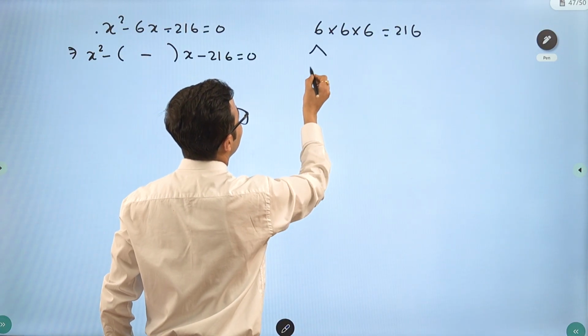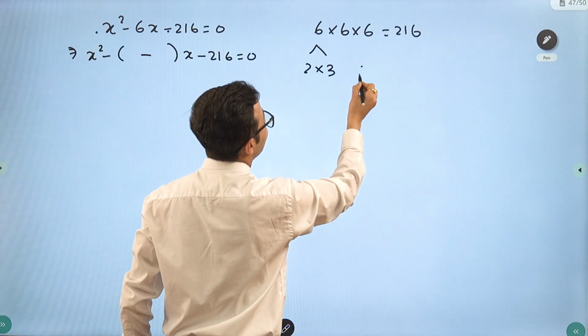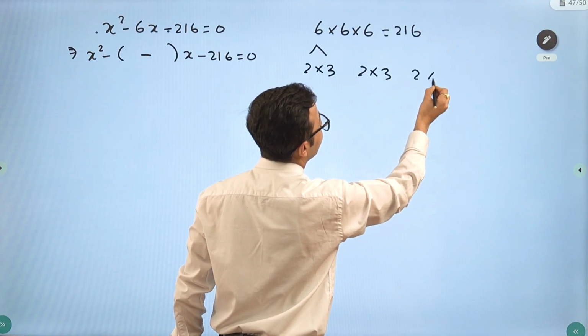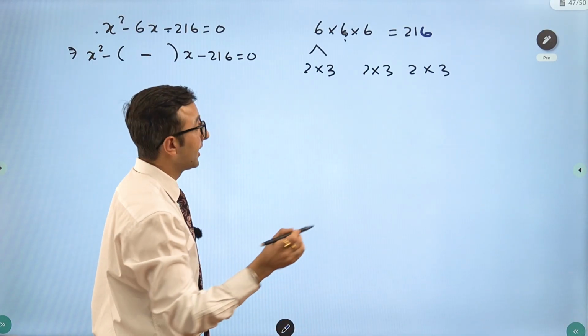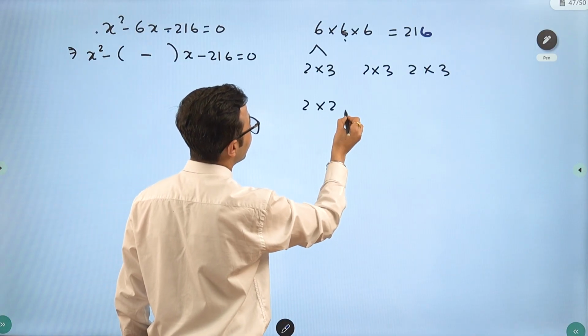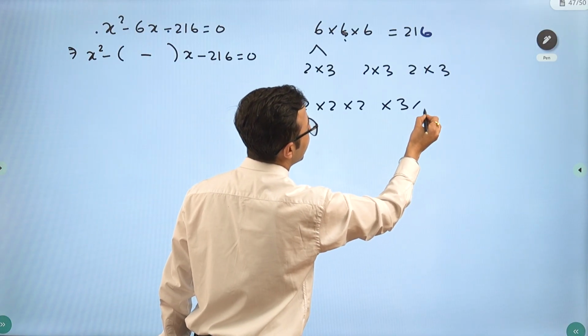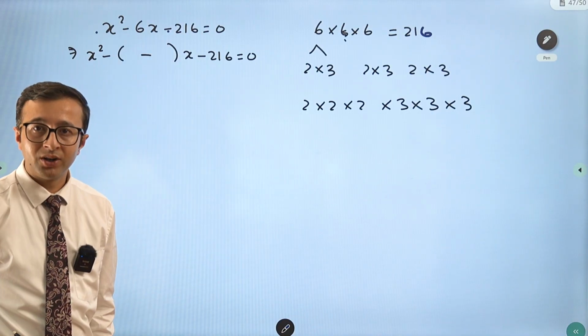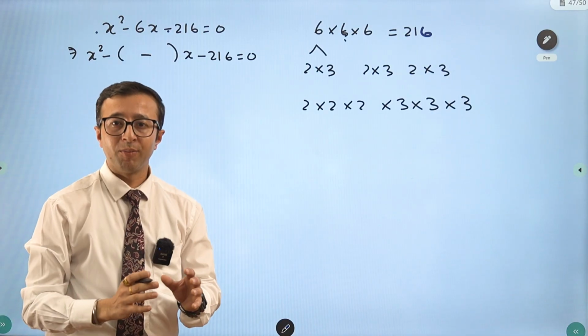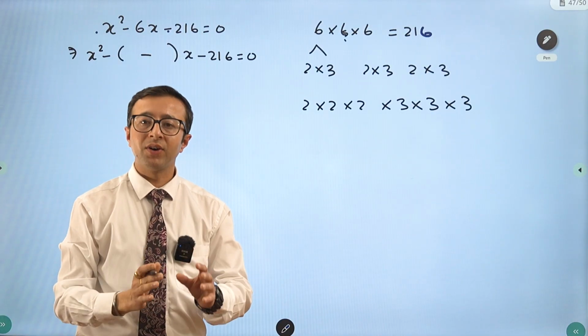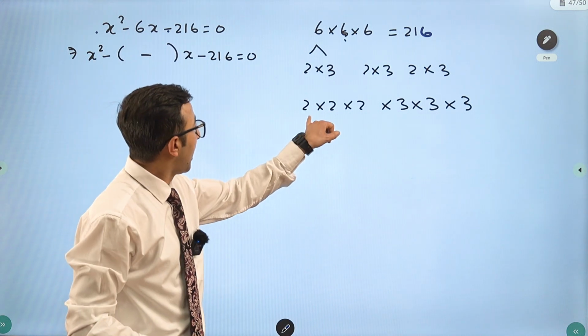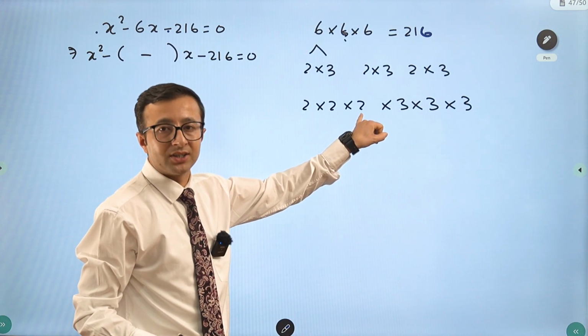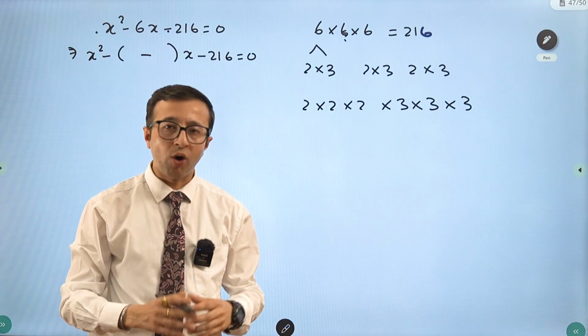So 2 into 3, 2 into 3, 2 into 3. You can see that there are 3 twos, 2 multiplied by 2 multiplied by 2 multiplied by 3 multiplied by 3 multiplied by 3. Now look at this, 6 is an even number. So to get an even difference, either both numbers should be even or both numbers should be odd. There are already 2s, so it is not possible to get both odd factors.